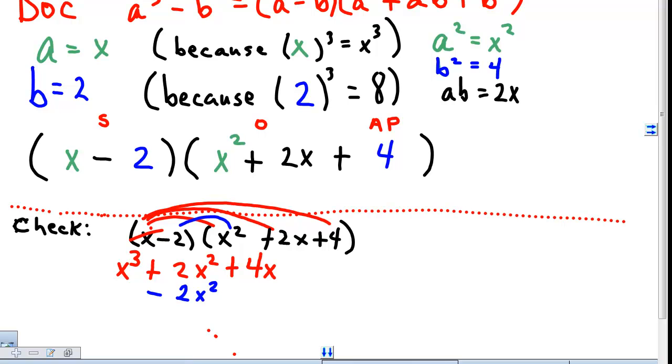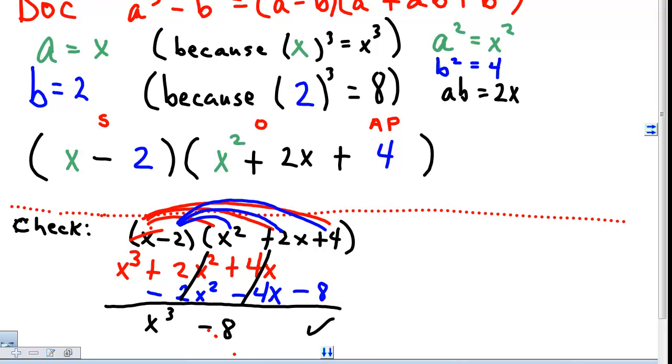Negative 2 times x squared is negative 2x squared. Negative 2 times 2x is negative 4x. Negative 2 times 4 is negative 8. The x squareds and the x's cancel. Therefore, that is our answer.